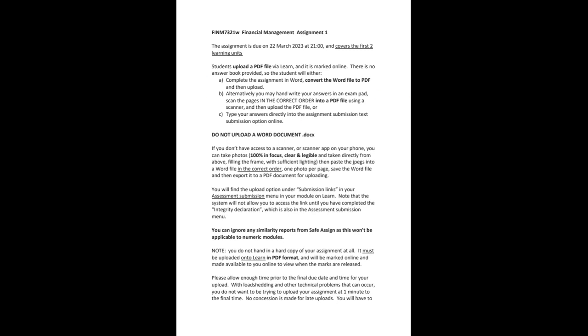Okay, so then the other thing is that with these finance modules, these are numeric assignments, and your answer book that you're going to upload is going to be mostly numbers. So therefore, it doesn't go through SafeAssign, because SafeAssign checks for plagiarism in general, and also plagiarism from one student to another, in terms of have you copied someone else's work?